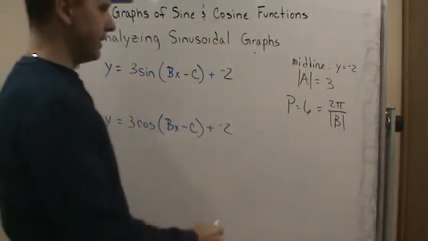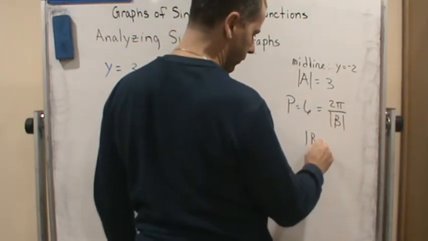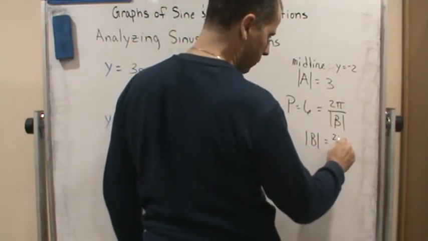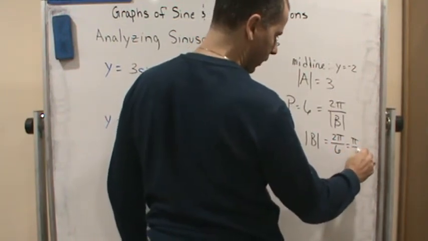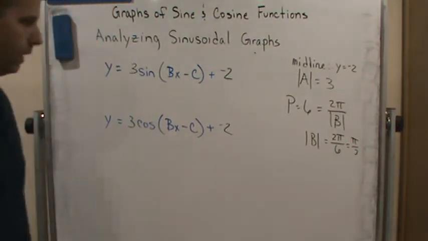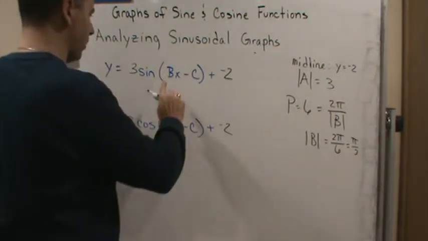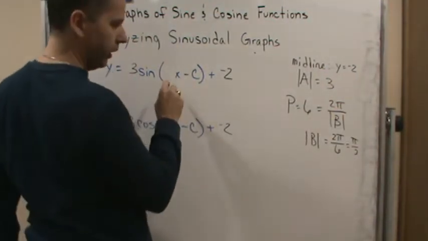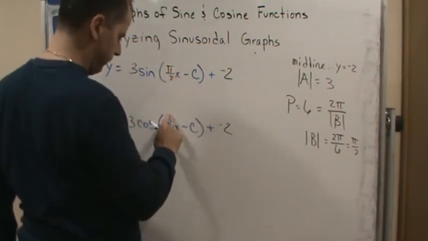If I solve for b, the absolute value of b equals 2 pi over 6, which equals pi over 3. So b has to be pi over 3. So far so good.